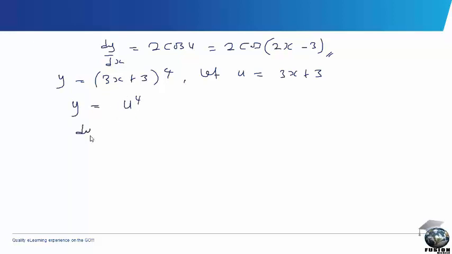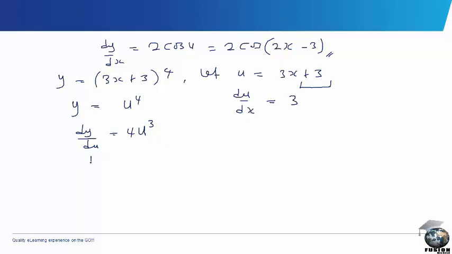I can differentiate y with respect to u to be equal to 4u cubed, using first principles, and then I can differentiate u with respect to x to give me 3. Differentiation of a constant is 0.